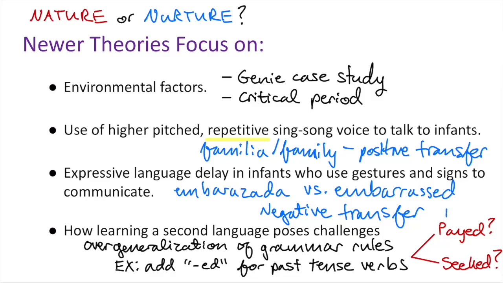You also have the issue of overgeneralization of grammar rules. One of the most common grammar rules that I see students mix up, not just people who are speaking it or reading it as a second language, but also native speakers, is the overgeneralization of past tense, notably with ed. Typically in English, if you want to make a verb past tense, you just add an ed to it. Like if you want to do past tense of to walk, you just write walked.